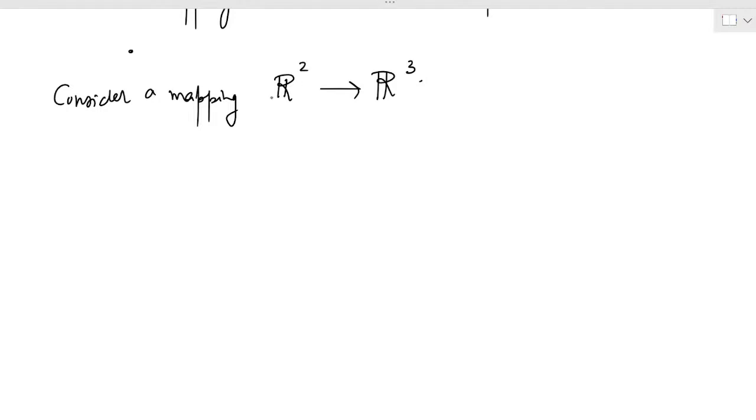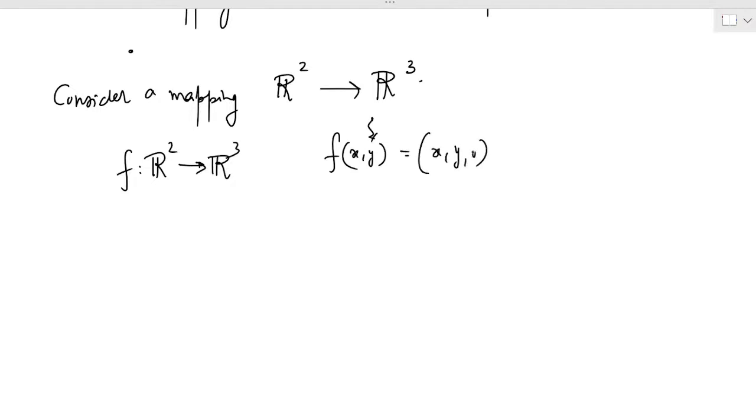See, if I define a map from R square to R cube, let us say I want to put (x, y) here and give output as (x, y, 0). So what is happening? I'm taking an input in R square and returning you R cube. So let us say this is a mapping. Clearly this belongs to R cube, and this is an element in R square.